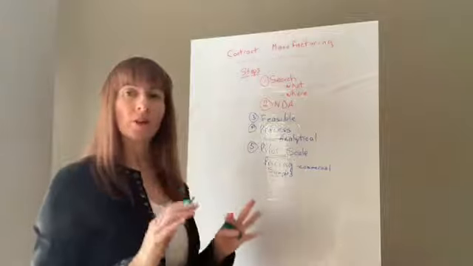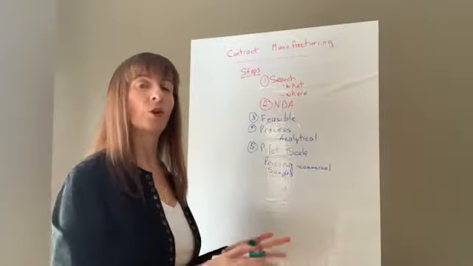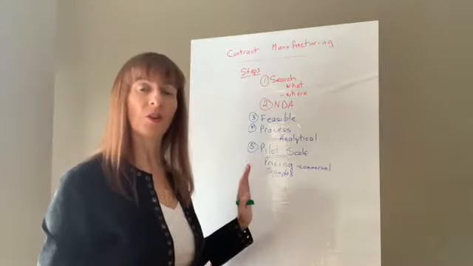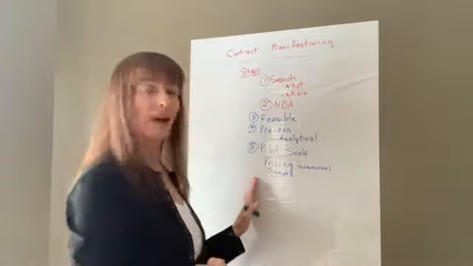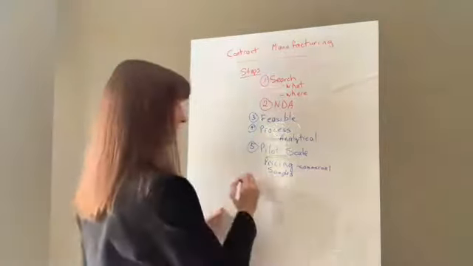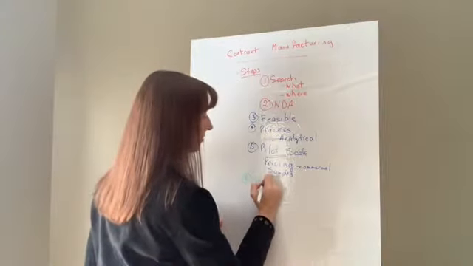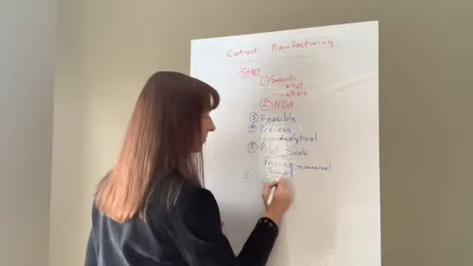Now, once you've gone through your pilots, once you know you're good to go, once you know that you have something that is viable, that the pricing is going to work, what happens next? Next up, you're going to have your validation.